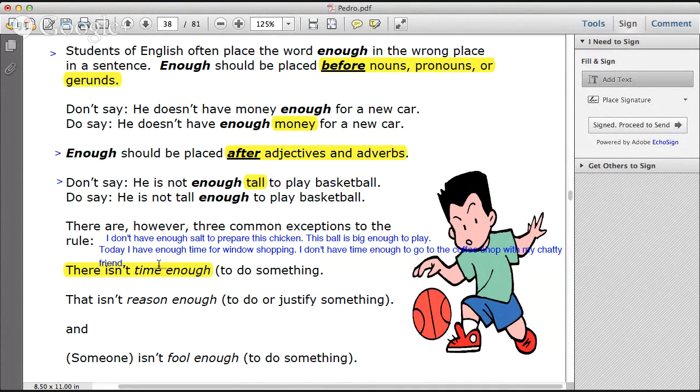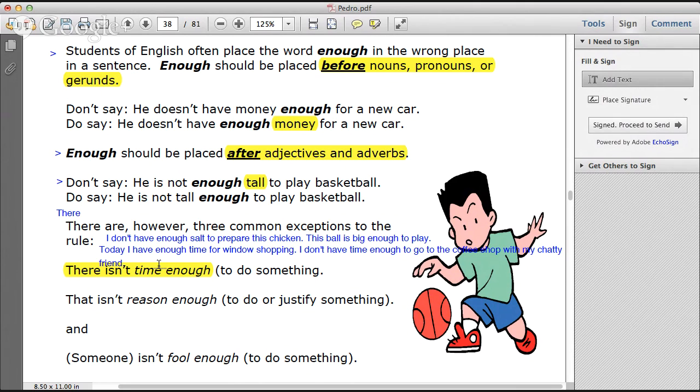"There's time enough to cook by myself." Okay, so here you're still using time as a noun. I want a completely different word than time.